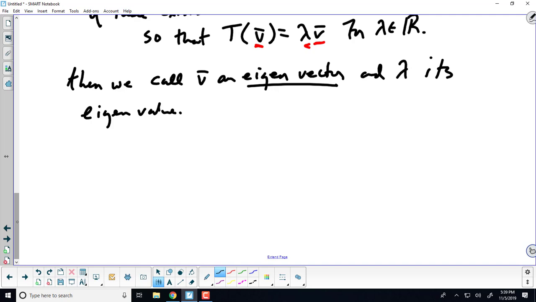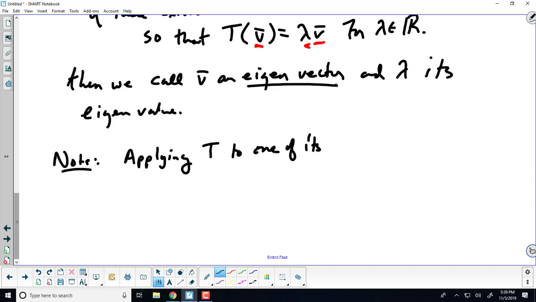I've already said this, but let's say it one more time. Note, applying T to one of its eigenvectors just gives another multiple of that vector.